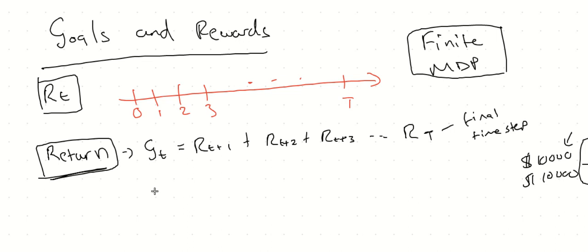So essentially what we need is to discount the future rewards, right?